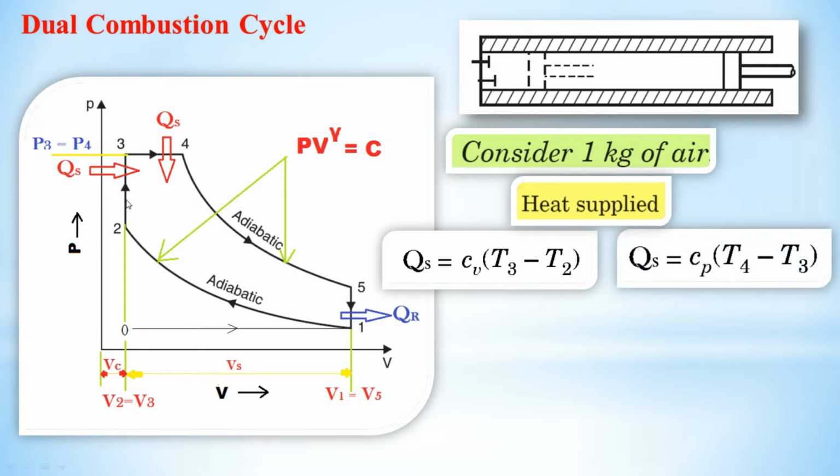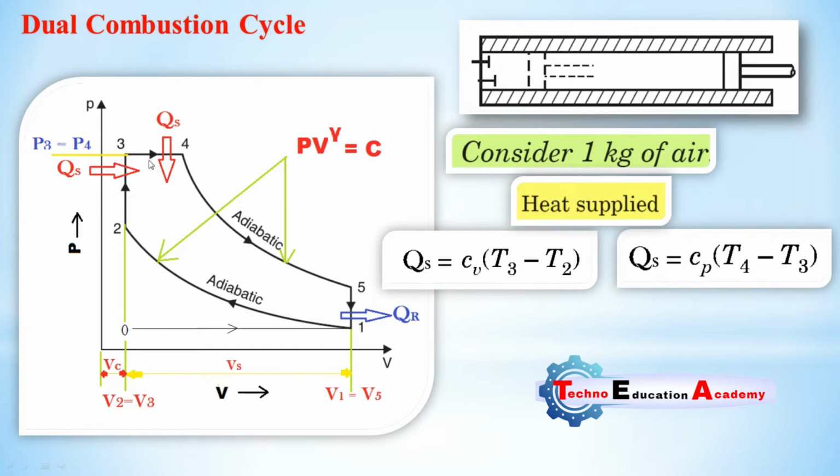On the PV diagram, process 2 to 3 is the heat supplied in the cycle at constant volume. Here V2 equal to V3, and we know that gases have two specific heats. Whenever we supply the heat energy at constant volume, we consider Cv, the specific heat at constant volume, and whenever we supply the heat at constant pressure, we consider Cp, the specific heat at constant pressure.